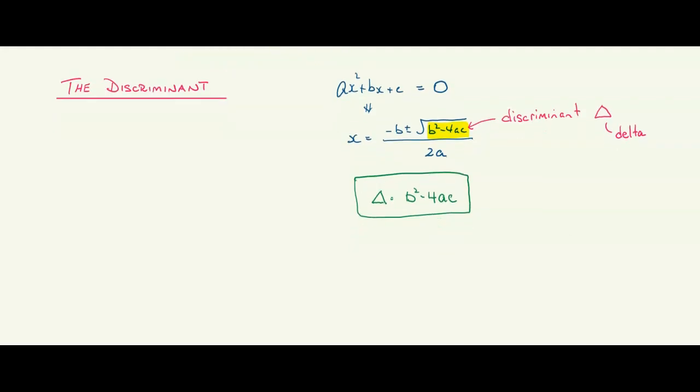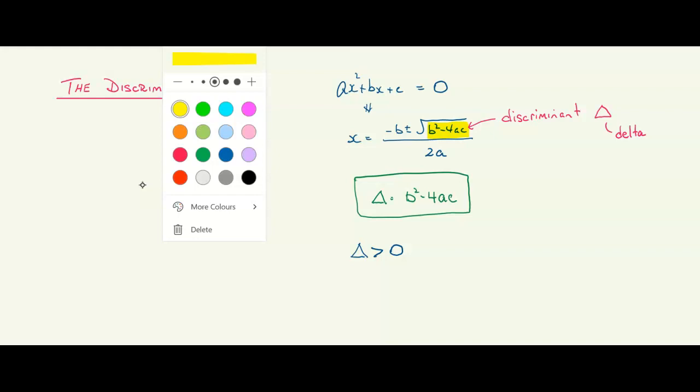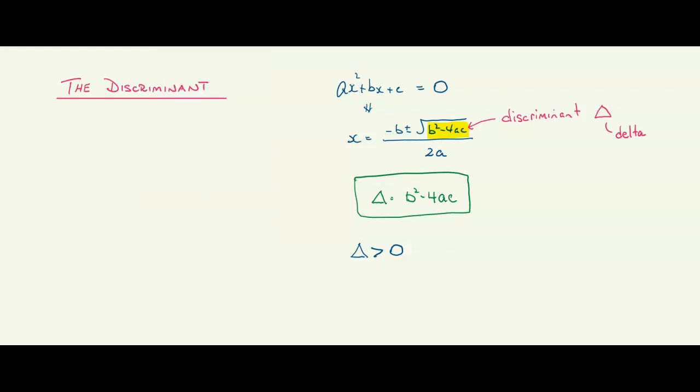If the discriminant is greater than 0, then we've got a value in here, and the plus minus here will dictate this plus minus.